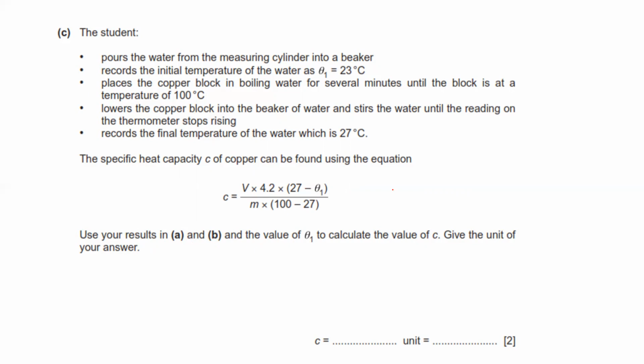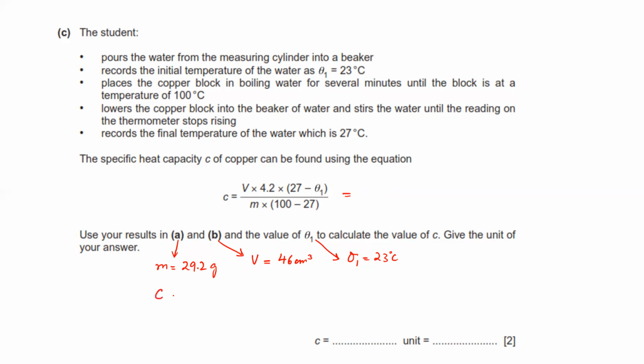Use your results in A and B. In A, the mass was 29.2 grams. In B, the volume was 46 centimeter cube. And the value of theta 1 is 23 degrees centigrade. To calculate the value of C, let's see what we get.